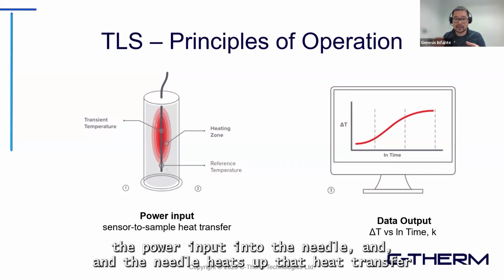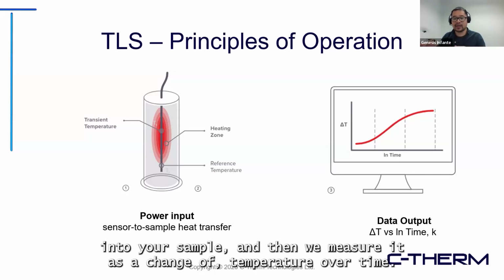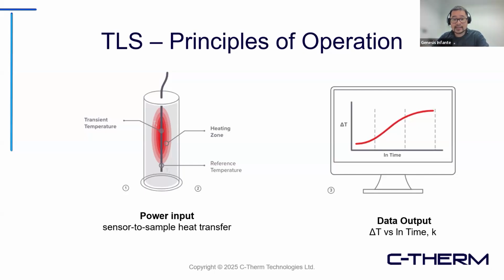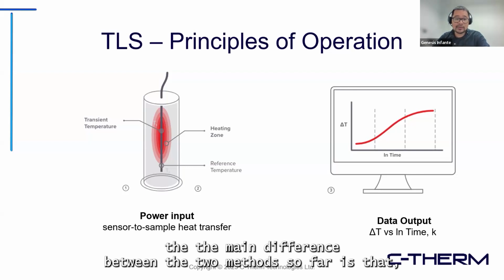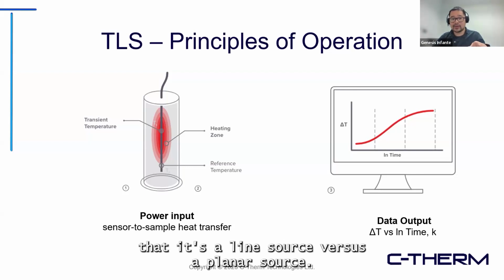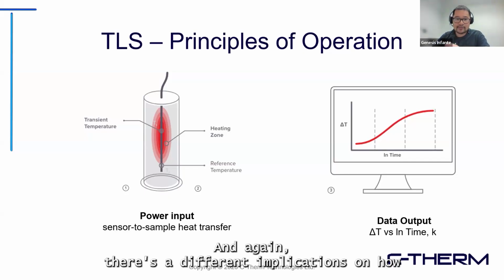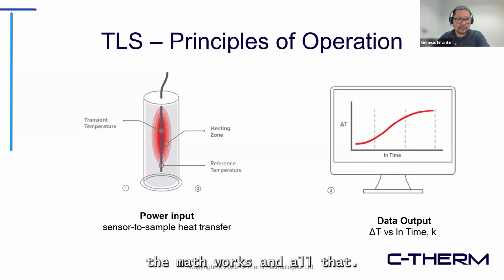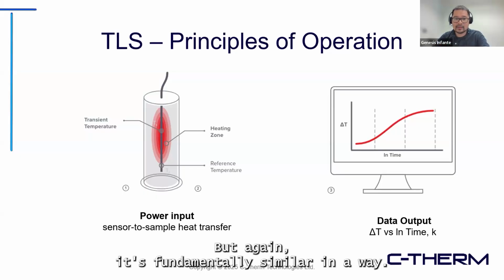The power is input into the needle and the needle heats up, that heat transfers into your sample, and then we measure it as a change of temperature over time. The main difference between the two methods is that it's a line source versus a planar source. There are different implications on how the math works, but fundamentally they are similar.